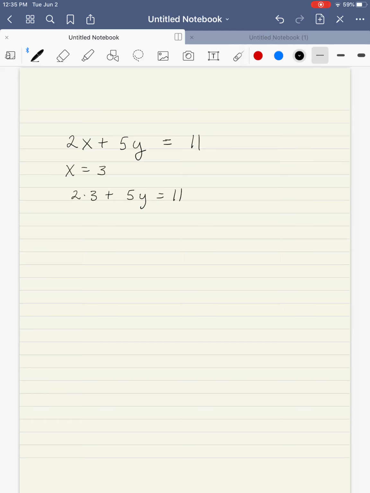So what I was thinking here was 6 plus 5 times what equals 11. And if I solve this, I get 5y equals 5 and y equals 1. So I have nice integer answers. So the point (3, 1) is a point on my line.